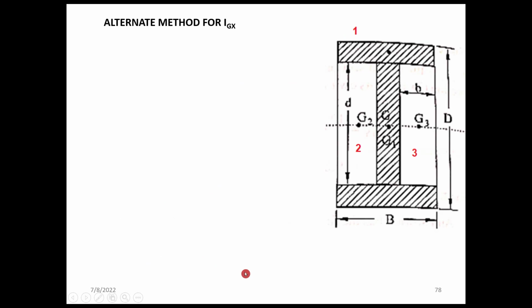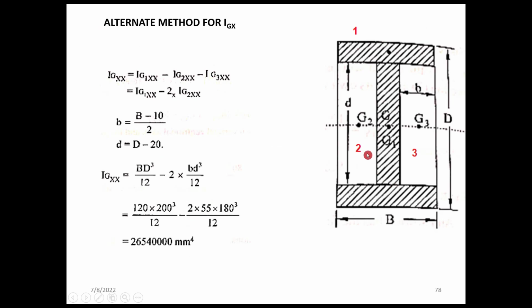Okay, this I was explaining as an alternate method for finding the IGX. So this was one method, and another method is, as this has symmetry, you can deduct the individual moment of inertia of 2 and 3, which have the same value being symmetric, from the total moment of inertia of the bigger cross section assumed.